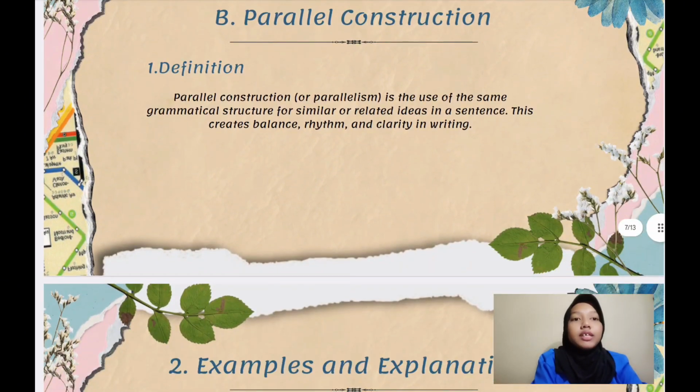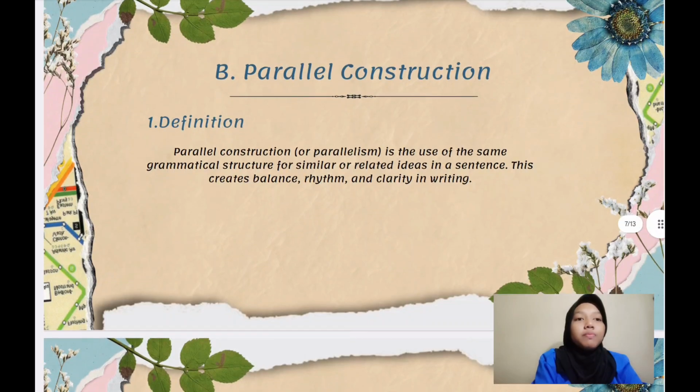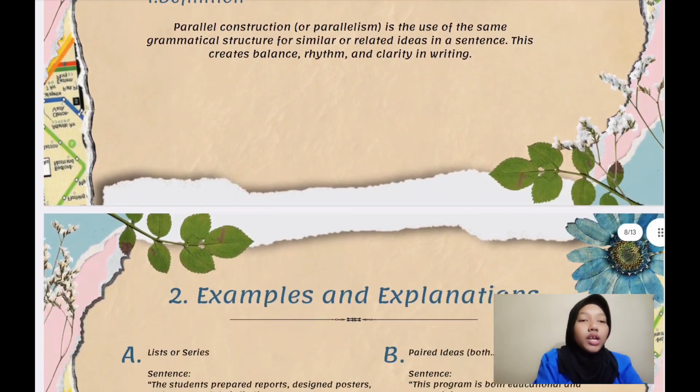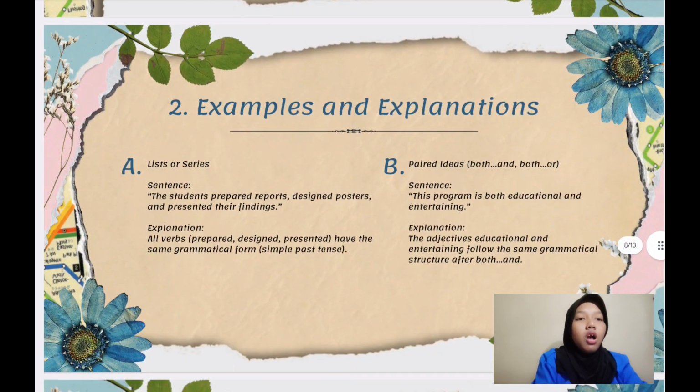This creates balance, rhythm, and clarity in writing. For example, students prepared reports, designed posters, and presented their findings. The verbs prepared, designed, and presented are in the same form, so the sentence sounds smooth and balanced.